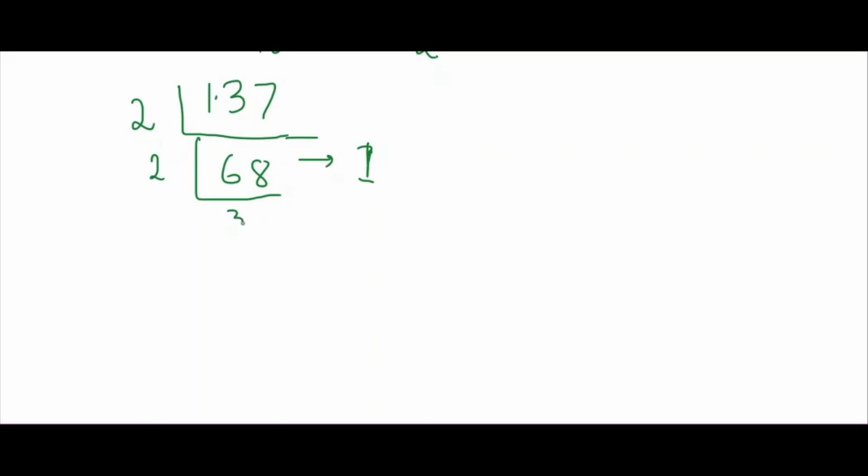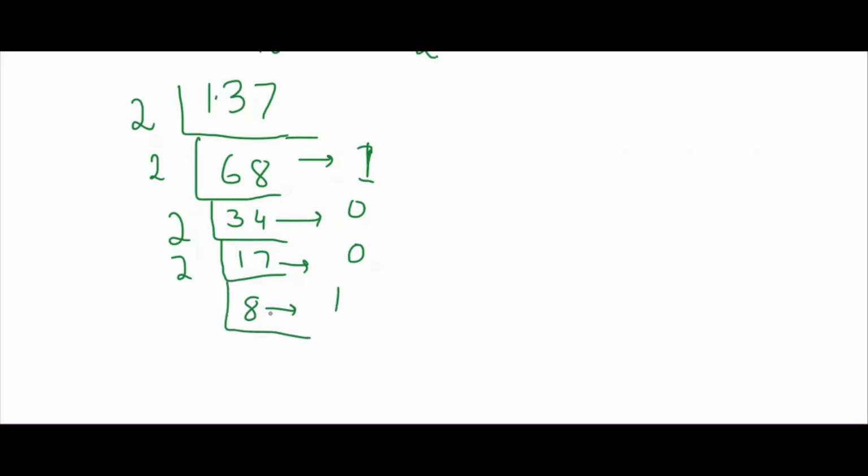So we'll go 34, but this time we get no remainder, so we will remember that. Then we will divide 34 again. We get 17, and we are happy that we did not get any remainder. We keep dividing until we can divide, just like we were grouping until we could not group further. This time we get a remainder of 1, so be careful when you do that.